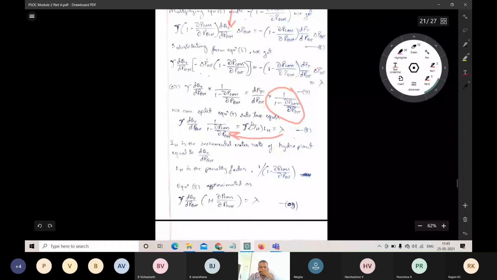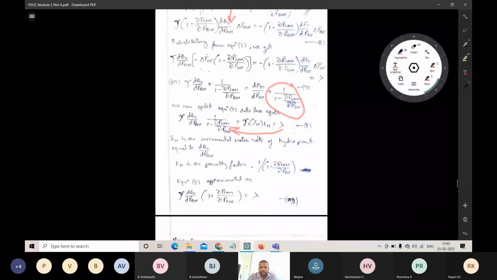So we can define lambda using two methods: one with respect to the power that is generated, and another with respect to the constants, that is the penalty factor and the incremental water rate cost.